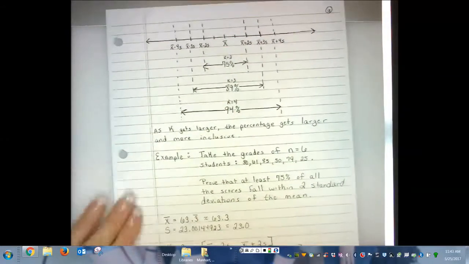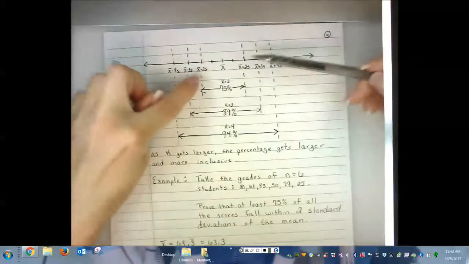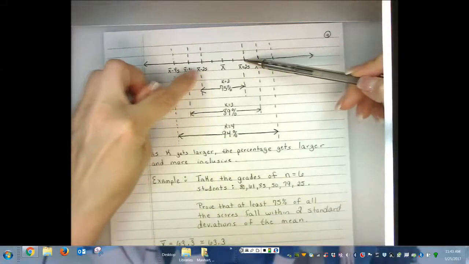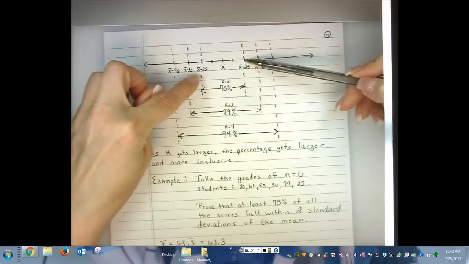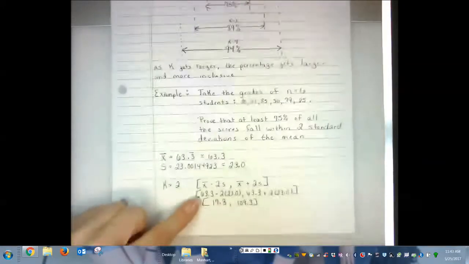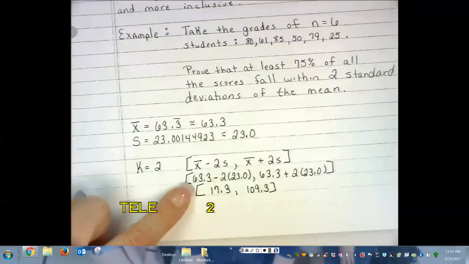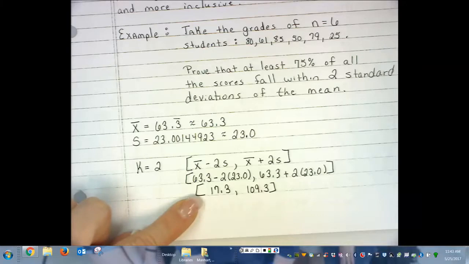For 2 standard deviations, below and above, I'm talking about X bar minus 2S and X bar plus 2S. Those numbers on the axis above, if I plug in, 2 standard deviations below is a grade of 17.3, and 2 standard deviations above the class average is 109.3.